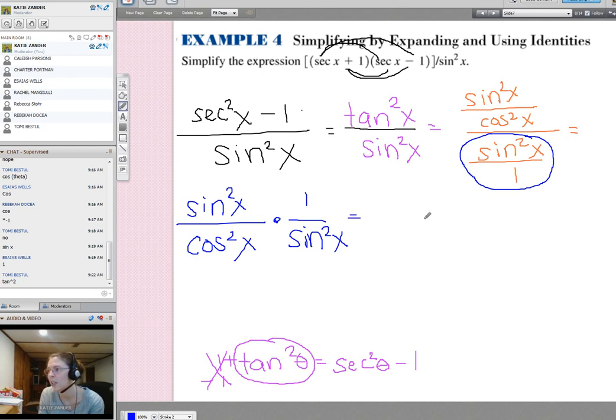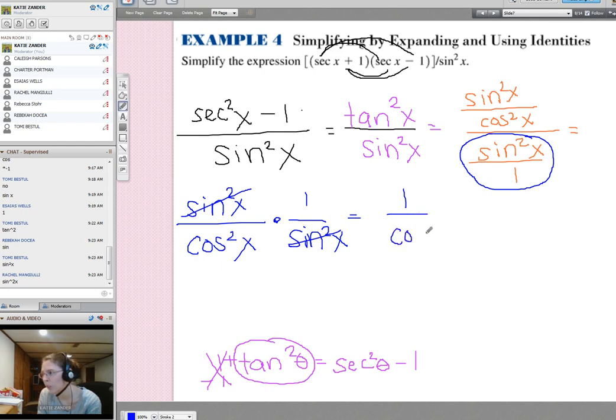What can cancel from this problem now? The sine squared x. So then that leaves us with just a 1 over cosine squared x. And 1 over cosine squared x, we can use a reciprocal function for that. What does 1 over cosine squared x equal?